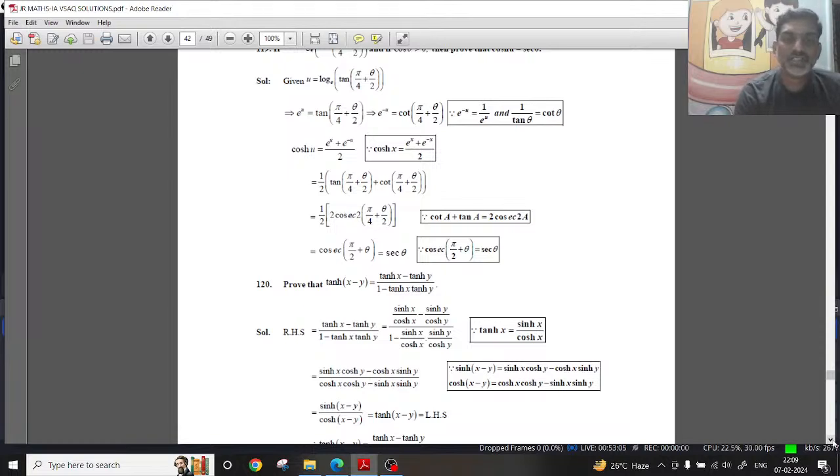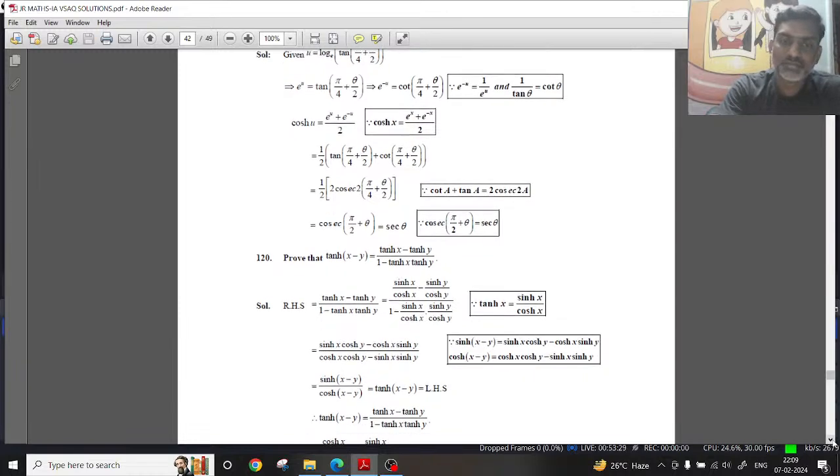Sin hx cos hy minus cos hx sin hy, that is sin h of x minus y, and cos hx cos hy minus sin hx sin hy, that is the denominator, what is it? Cos h of x minus y. Sin by cos, obviously it is tan, so tan h of x minus y. Okay.